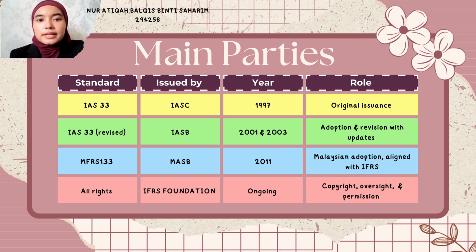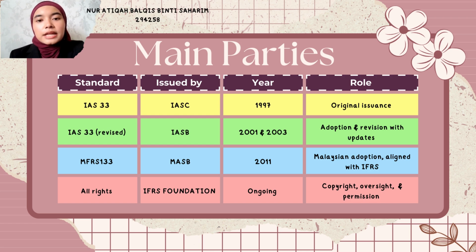They also added extra guidance from something called SIC 24 and made a few small changes to other standards like IFRS 10, IFRS 11, IFRS 13, and last but not least IFRS 9, just to keep everything consistent and up to date.